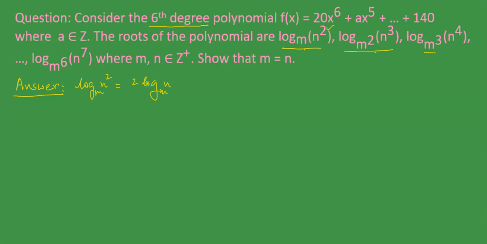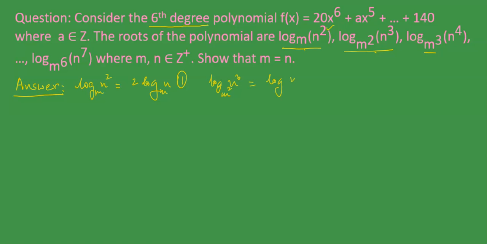Okay? So this is having the base m, so we don't have to change the base. For the second root, this is the first root. The second root is log of n cube to the base m square. So we can change the base.